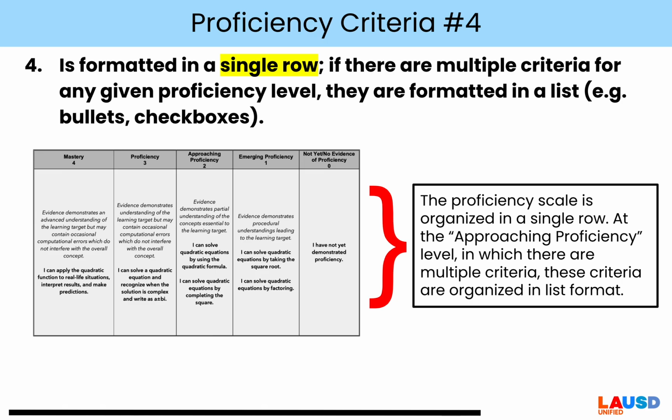In most of those different proficiency levels, there is a single criteria, but you can see at the approaching proficiency level, for example, there are multiple criteria, and those are entered here as a list. So for approaching proficiency level 2, students see the criteria, I can solve quadratic equations by using the quadratic formula, but they should also be able to meet the second criteria, which is I can solve quadratic equations by completing the square.